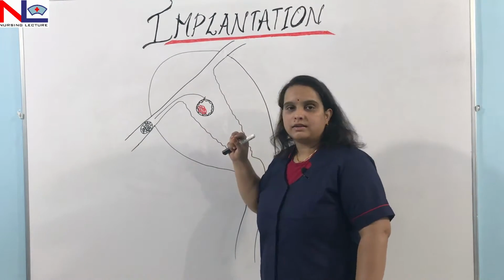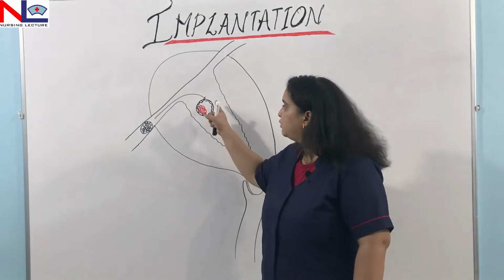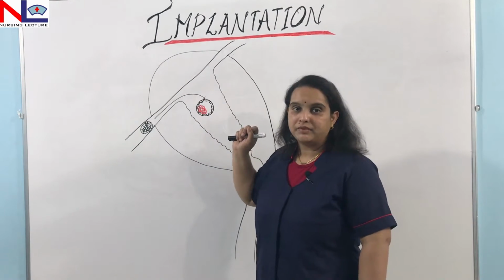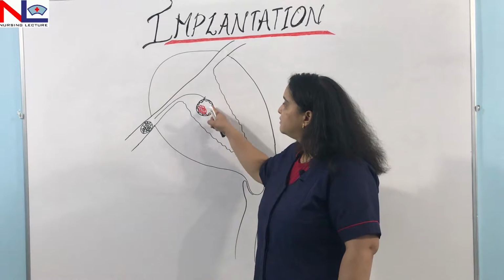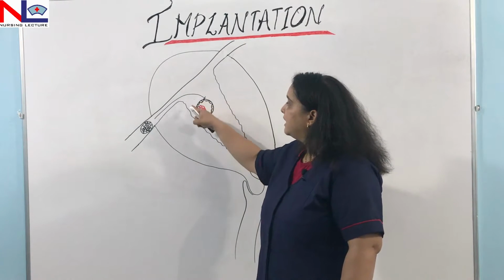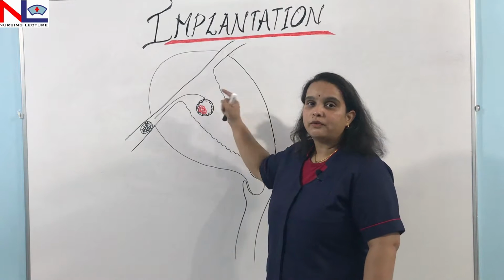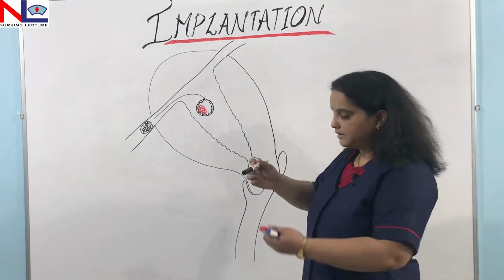Where this process begins, what happens? The inner cell mass sends some signal to the peripherally arranged cells, and as this signal is created, the trophoblast or trophectoderm differentiates into two layers.